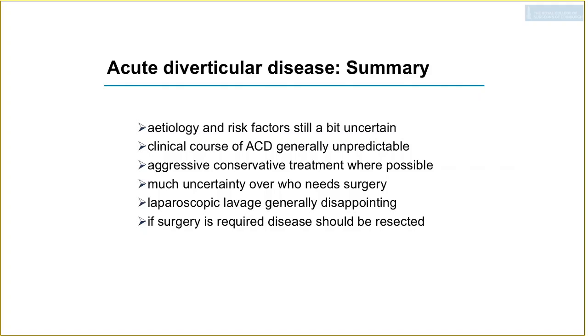Aggressive conservative treatment is what should be employed as far as possible. And we're a bit uncertain over who needs surgery. And we know that these are a high-risk group of patients. Laparoscopic lavage has generally proven to be quite disappointing. And if you do need to do an operation for these patients, you should be resecting the pathology. Okay, thank you.